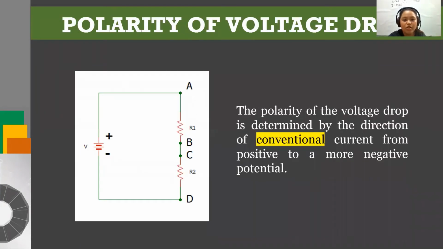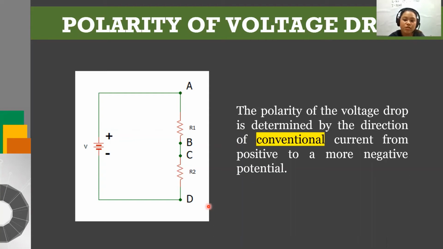the polarity of voltage drop. So the polarity of the voltage drop is determined by the direction of conventional current from positive to a more negative potential. So again, conventional current starts from the positive to the negative.